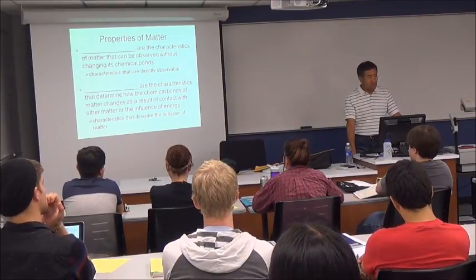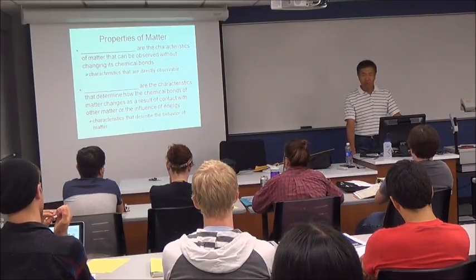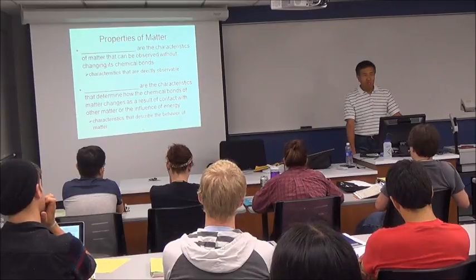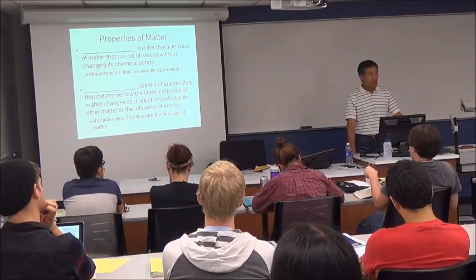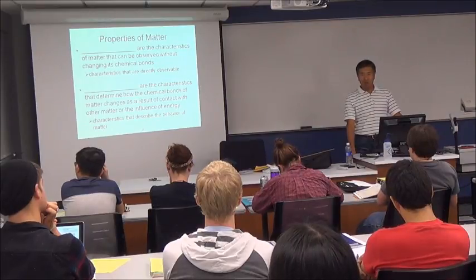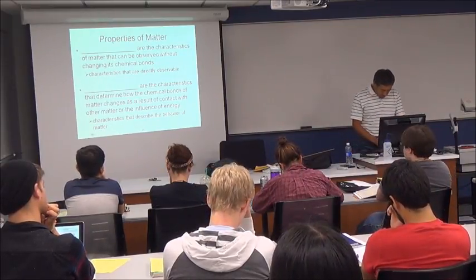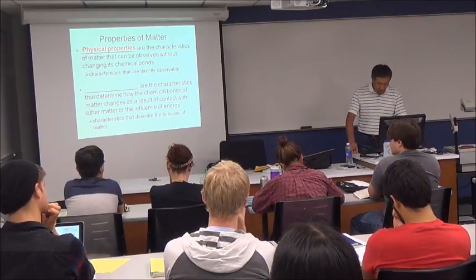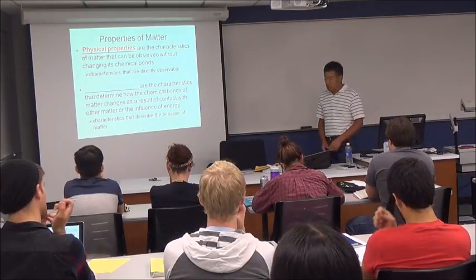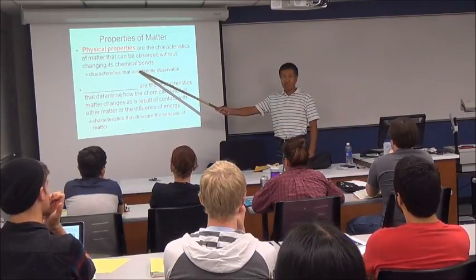If you can measure or observe some of those properties without changing or altering the identity of the material, then those kinds of properties are physical properties. Changing the identity means you change the chemical bond.